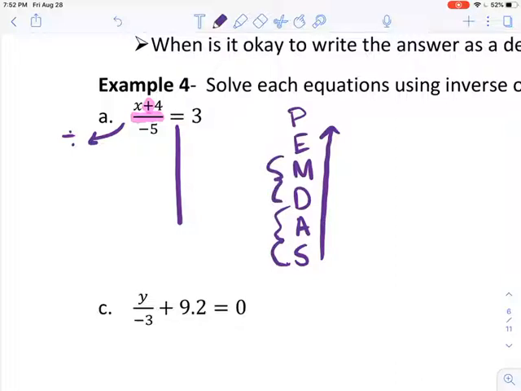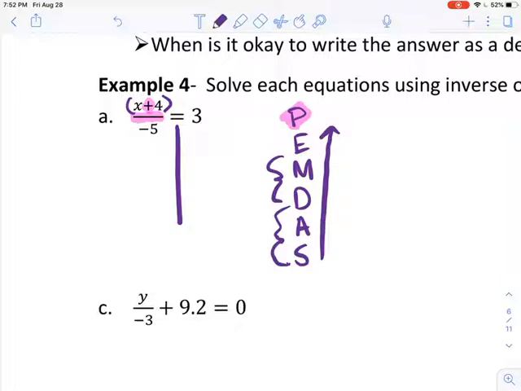So normally we would undo addition and subtraction first, but that fraction bar is kind of grouping everything together. So anytime there's something grouped together, that's like the P for parentheses, so we're going to undo that very last. So not going to do the addition, we're going to undo division.